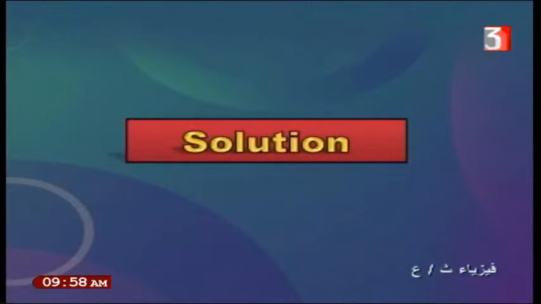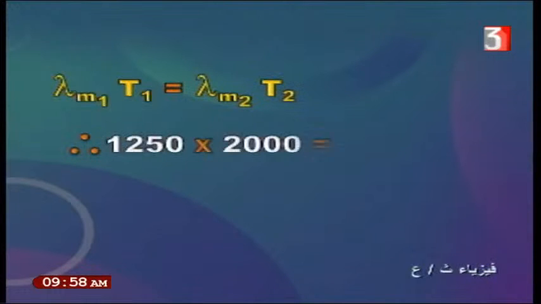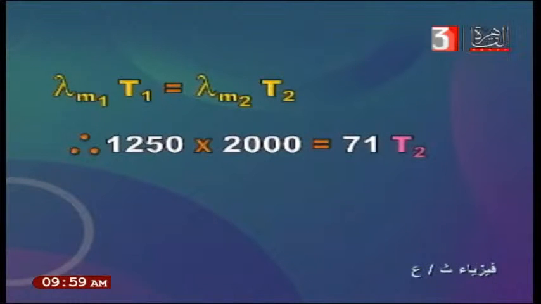What is the rule to be used? As a matter of fact, I just mentioned one principle, one law, Wien's displacement law. We've got an inverse relation between peak wavelength and absolute temperature. So lambda maximum 1 times T1 equals lambda maximum 2 times T2. So 1250 times 2000.